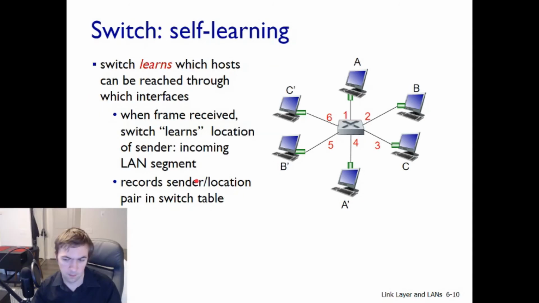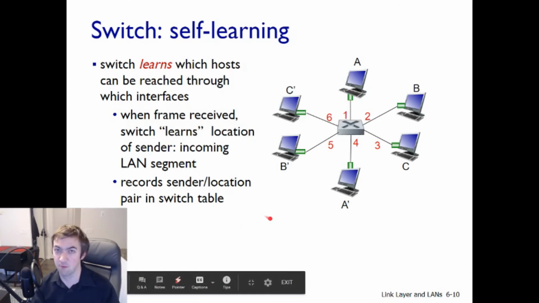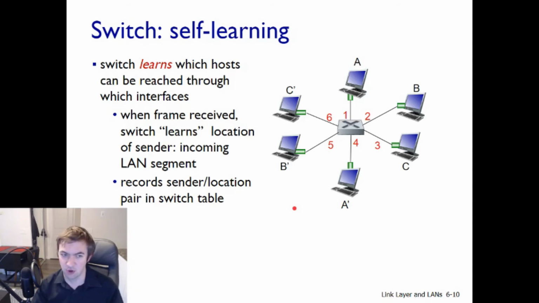Let's take a look. As I previously mentioned, switches are self-learning. So the switch is going to learn which hosts it can reach through the different interfaces that it has. When it receives a frame, the switch learns the location of the sender. So, if A is going to send me some frame, then I know that 1 is the interface that handles A. And it's going to record the sender location pair in its own switch table.